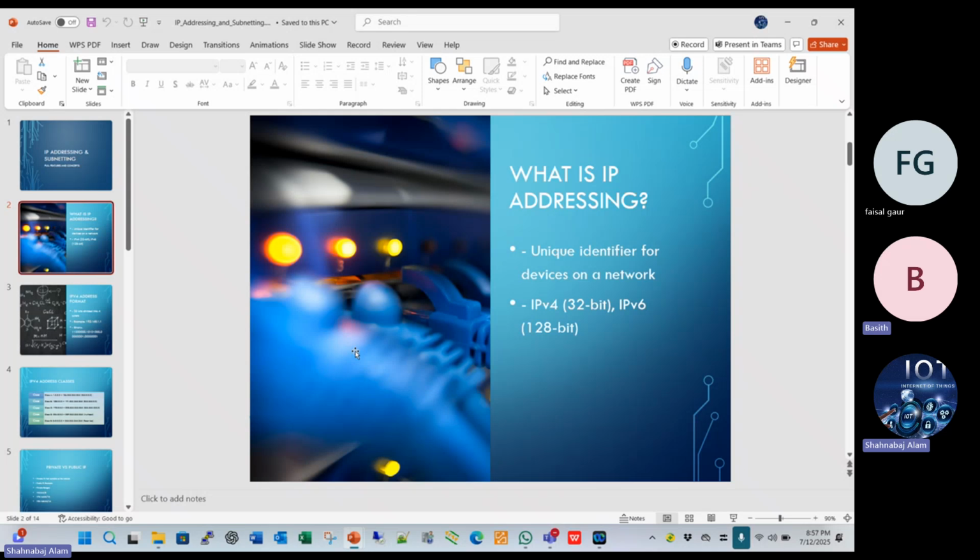For that, the Wi-Fi device has an IP address, and my phone should also have an IP address. So to connect to that Wi-Fi, there should be communication between the IP addresses. Am I right? Right, you are right.